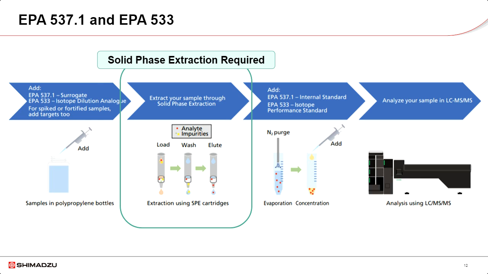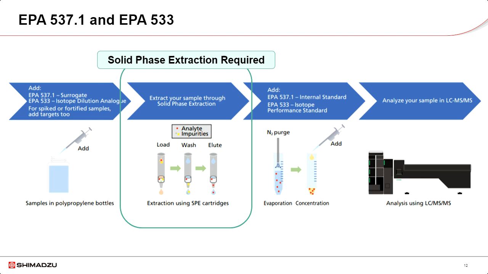Going back to methods 537.1 and 533. The diagram on the slide summarizes the major steps in the analytical process. After the sample collection and shipment, when you get the samples in the lab, you need to add the different chemicals, surrogates for 537.1 and the isotope dilution analogs for 533.